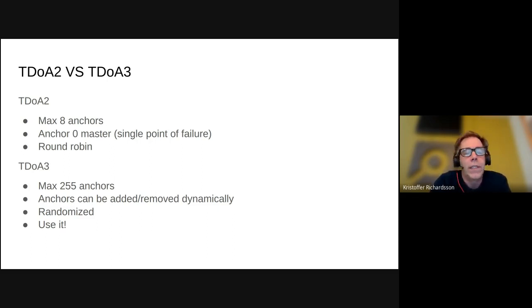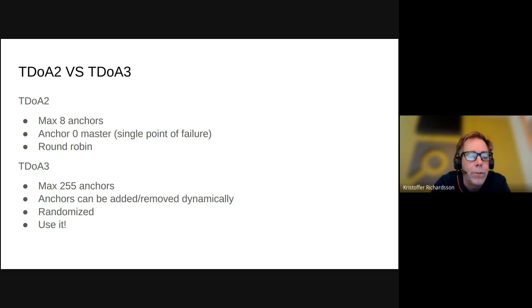And this was the easiest way to do it to get started. The drawback is that it's limited. There's no way you can make the system larger or add more anchors, and it's also very non-robust. So if anchor 0 dies, the full system dies.